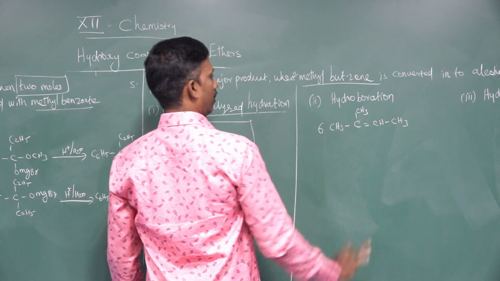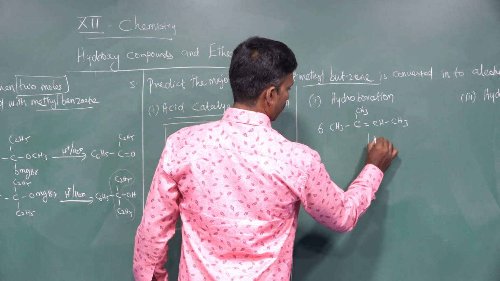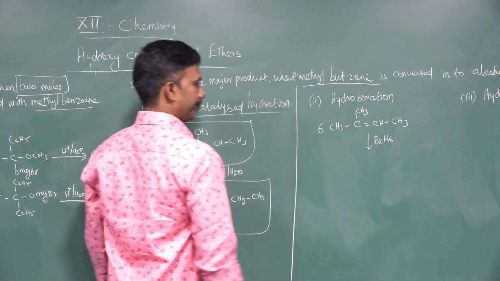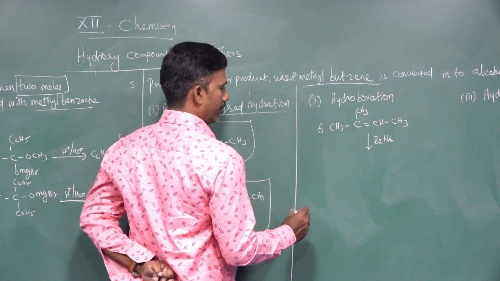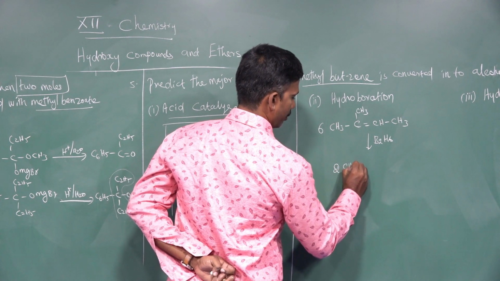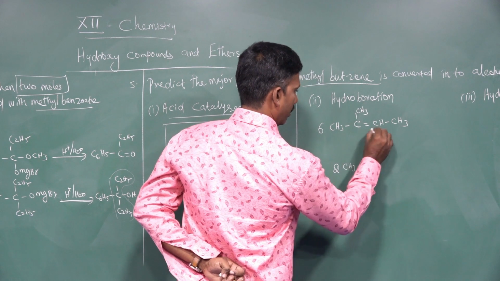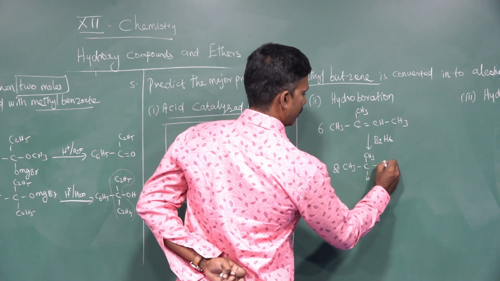This 2-methyl-2-butene is treated with B2H6. Okay, with B2H6 hydroboration is going to happen. Then CH3, CH3. Here the H is going here.